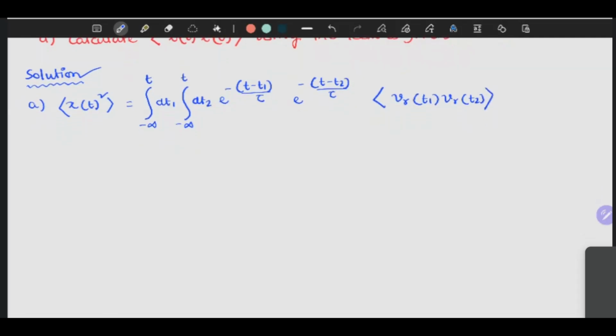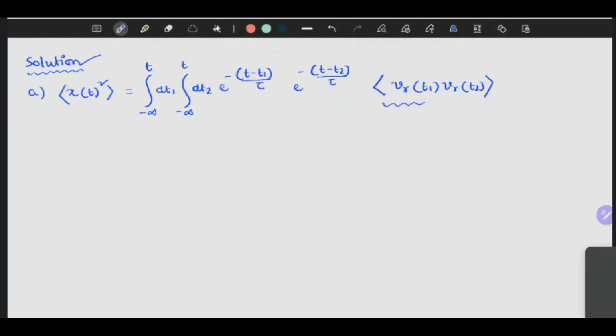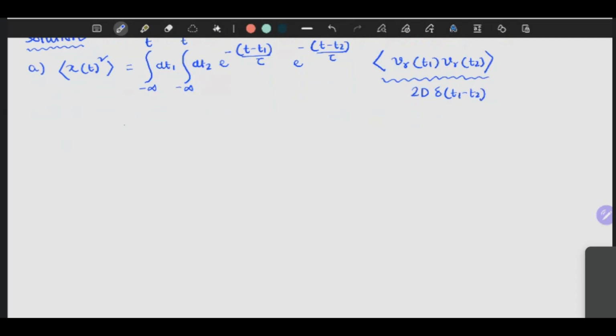Okay, now we know what this is. This is 2D delta(t1 minus t2).